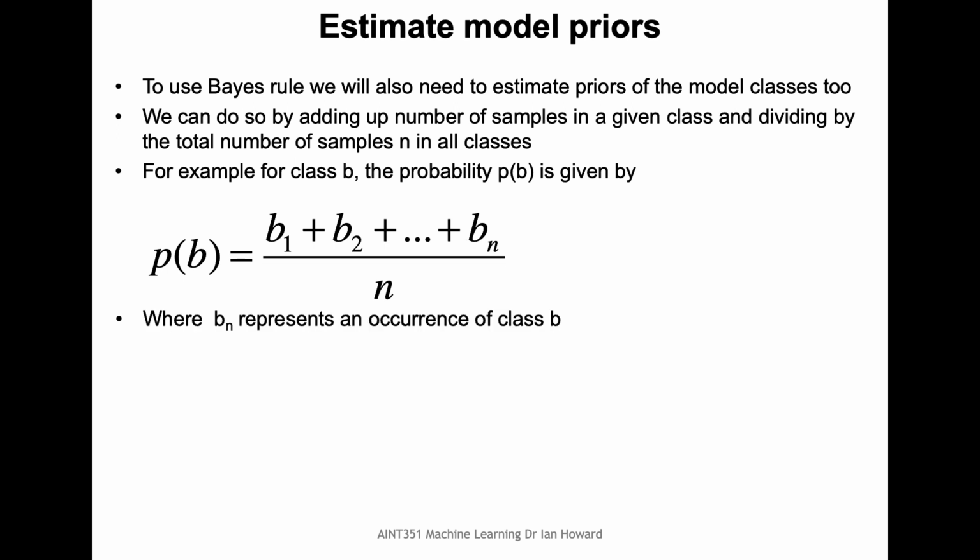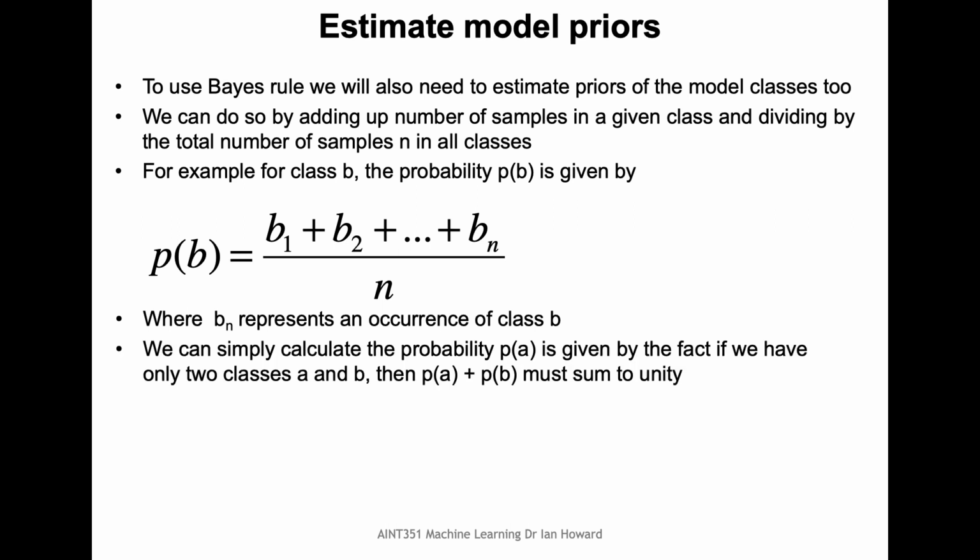That's quite simple. So our Bn in this case represents an occurrence, so it's going to be a 1. We can do exactly the same thing for class A, but we also note that probability of class A plus probability of class B have got to sum to unity because they're mutually exclusive events. So we can also quite easily say that probability of A is 1 minus probability of B.